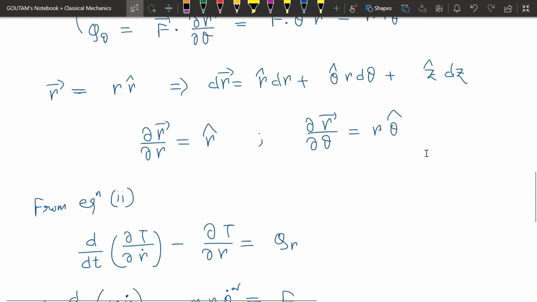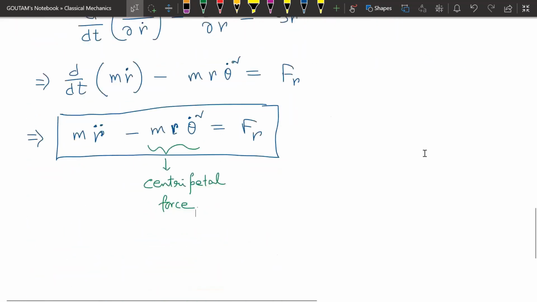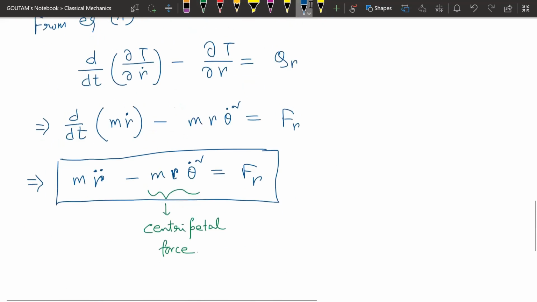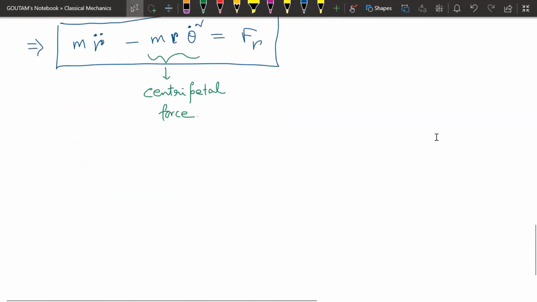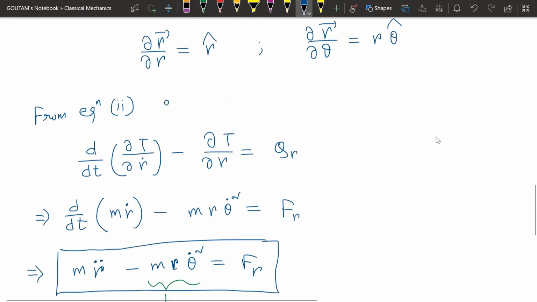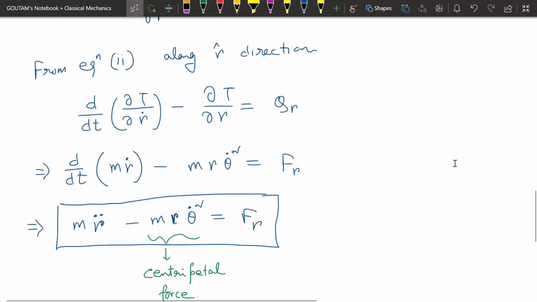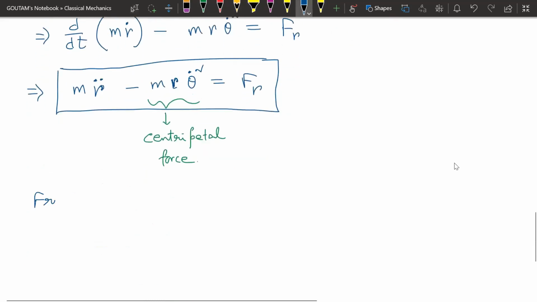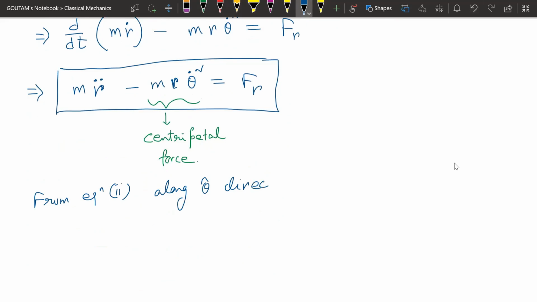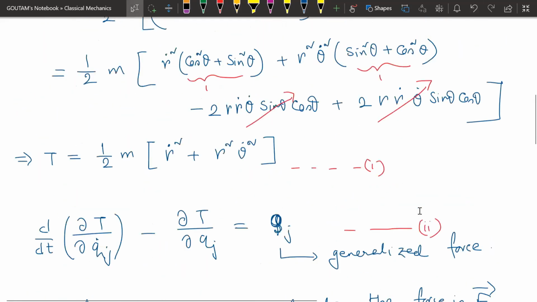So let's look at the equation of motion along the theta direction. So let's look at equation 2.